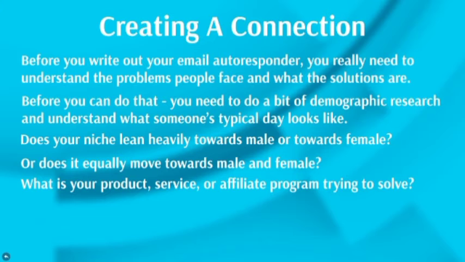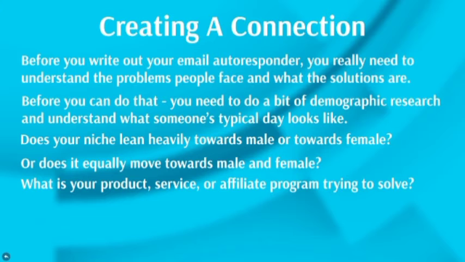So if you have a product in that case, then you could essentially build a lead magnet or an email autoresponder series that touches on those pains, those fears, the ones that keep them up at night, knowing whether or not their family is going to be safe in these natural disasters.